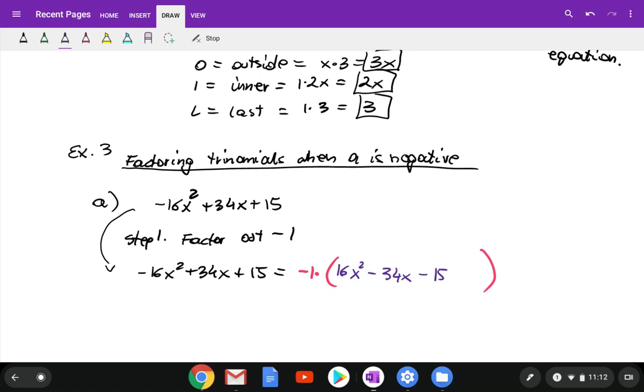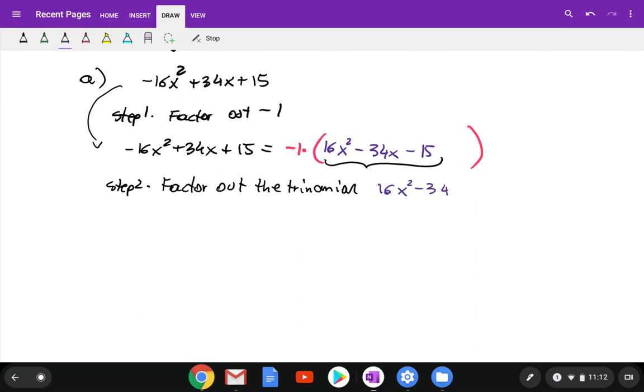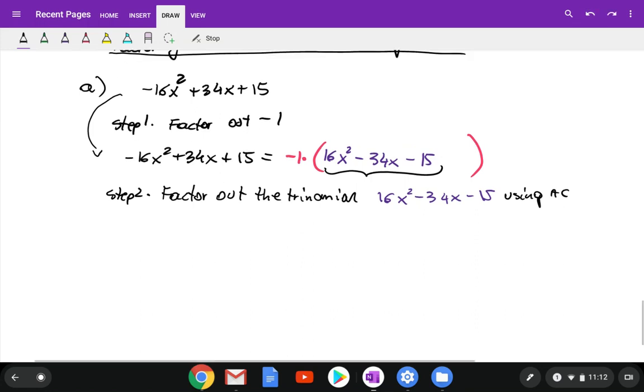Step 2. Factor the expression which you have in the parenthesis, the trinomial, 16x squared minus 34x minus 15, using the AC method.